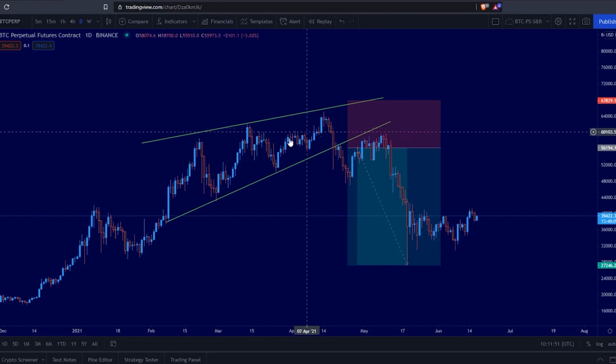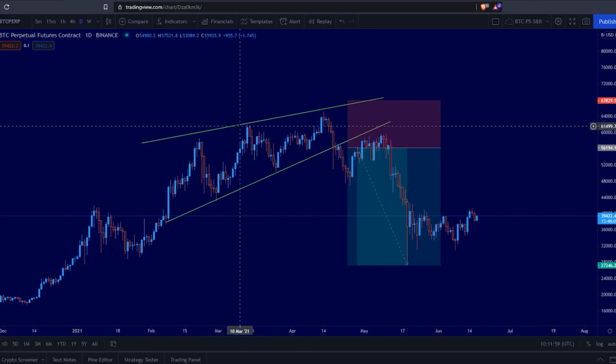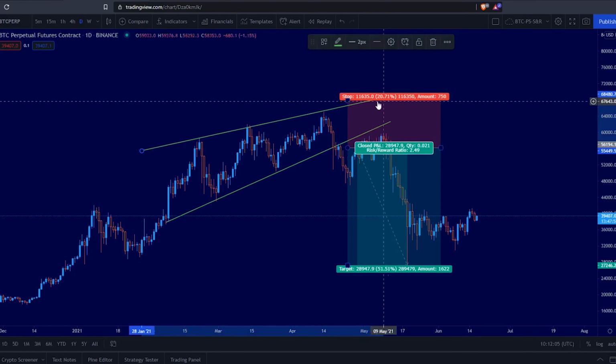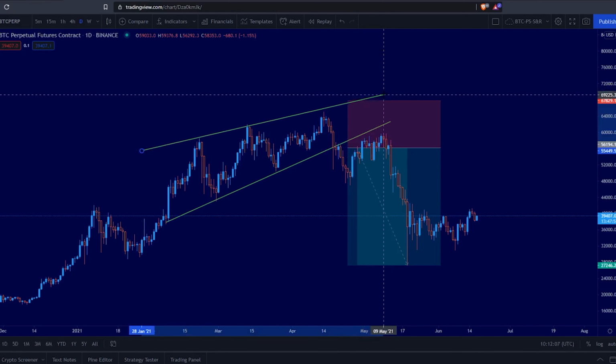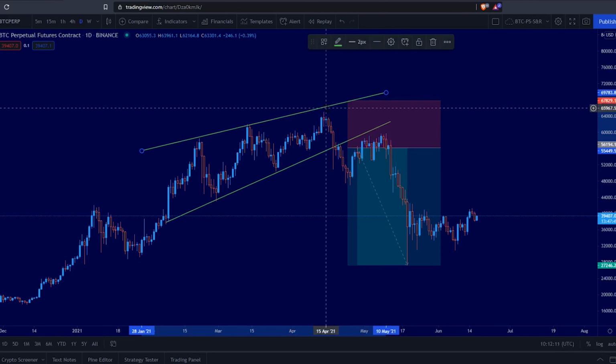So if you were able to spot this pattern forming, say by this point, so you've got your first pattern or the second sequential move of a higher high and a higher low, what you would be thinking is, if we put our trend line as we would here, that potentially now what we're going to see is, if we see another point here form, then we are definitely looking at a bearish trend.